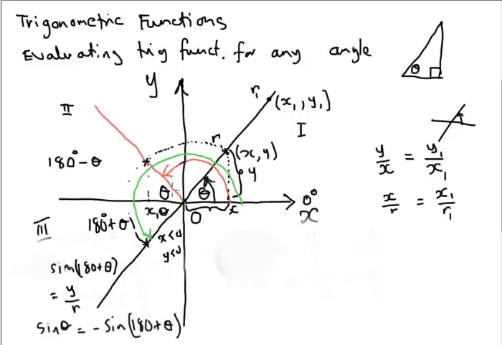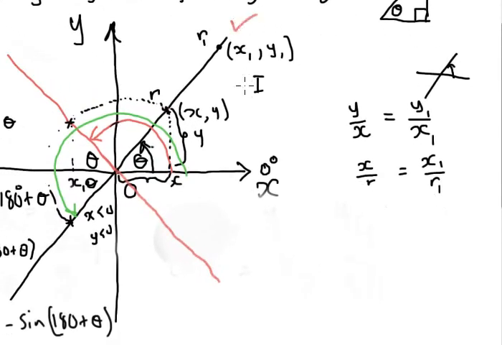Right. In this case, let's extend this one and come to there. Now, when you extend that one, you can see that this line and this one, one is a reflection of the other across the x-axis, isn't it?